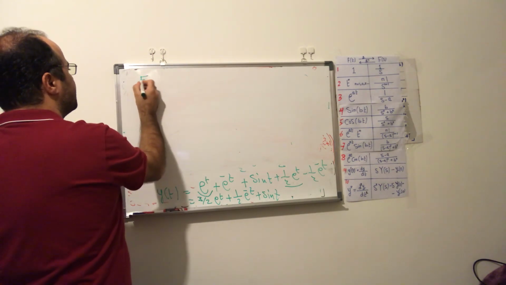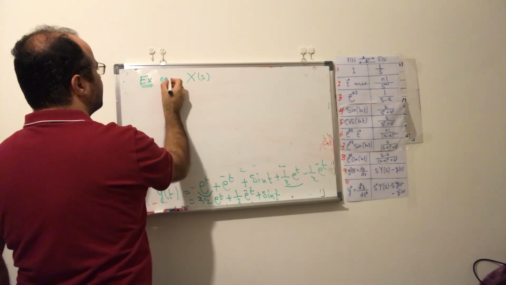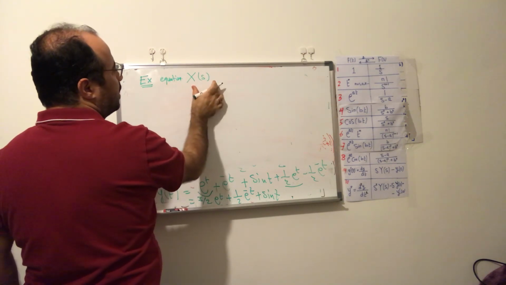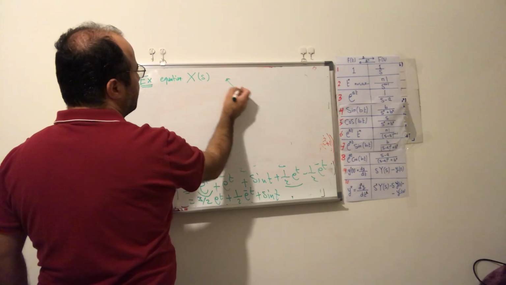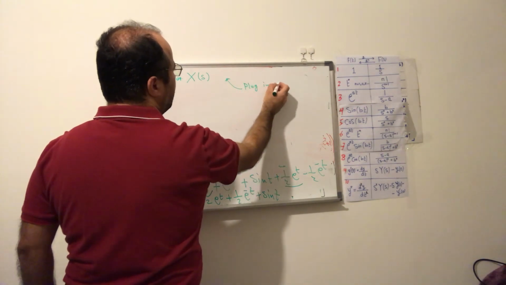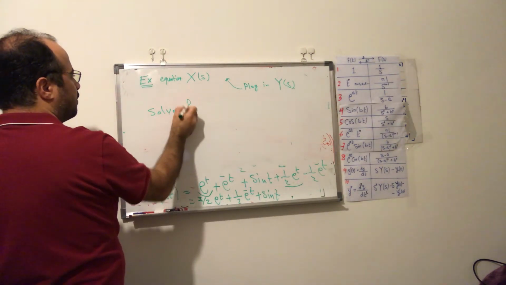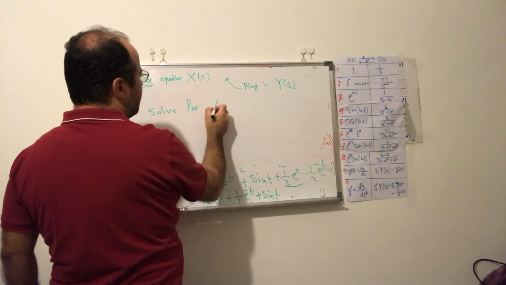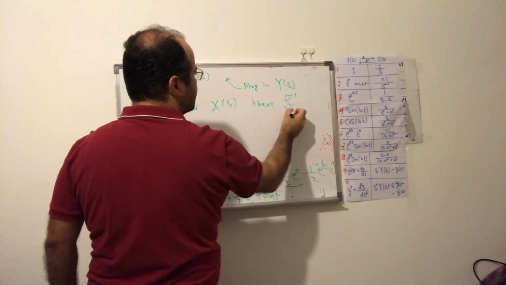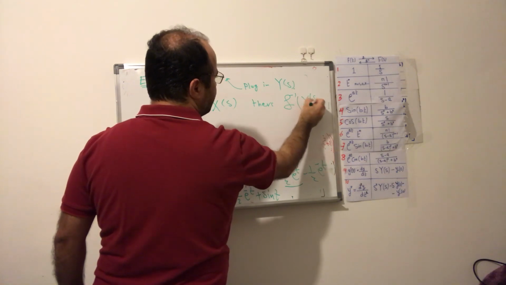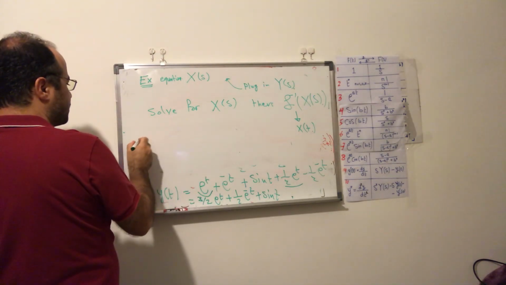As an exercise for you, go to the equation for x of s, plug in Y of s, and then solve for X of s, and then do the Laplace inverse of the equation for X of s to get x of t.